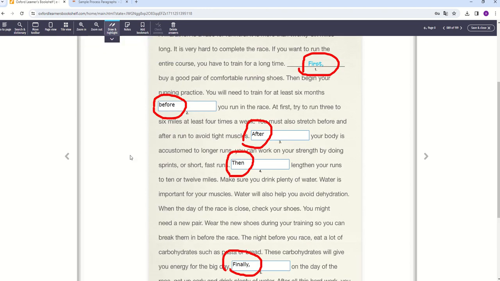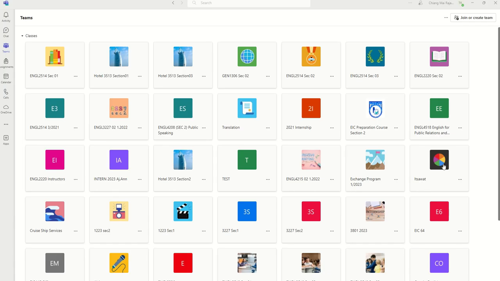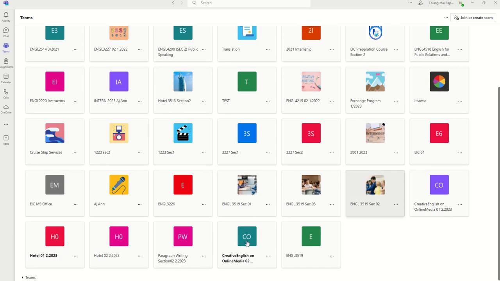I hope you can still remember. And also we talked about the use of before and after, right? Let me find it. Where is it? Paragraph writing.